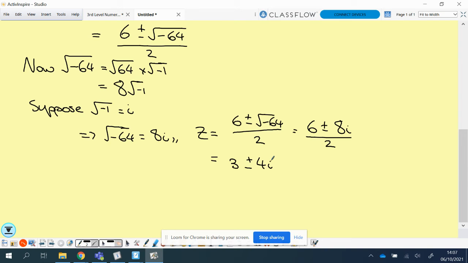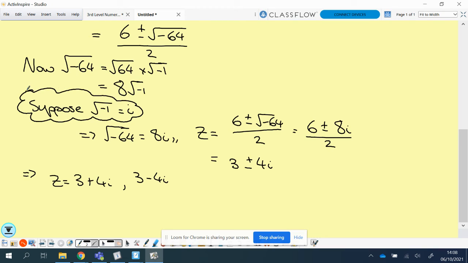So both roots are 3 plus 4i and 3 minus 4i; we just take the positive and negative version. The important thing to know is this rule, that we can let the square root of negative 1 become that imaginary number i for us to work with.